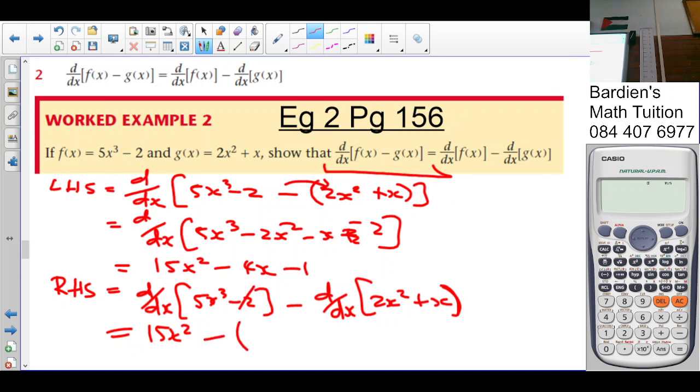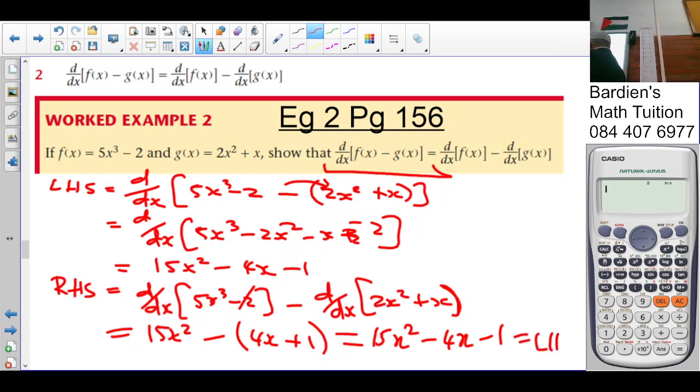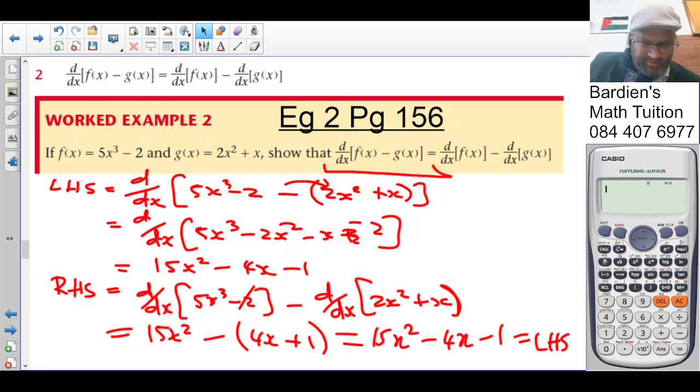Minus, more than one term follows a negative sign, put in the bracket. Derivative of 2x squared is going to give you 4x. Derivative of x is 1. Get rid of the bracket. So it's going to give you 15x squared minus 4x minus 1. Is that the same? It's equal to the left hand side.